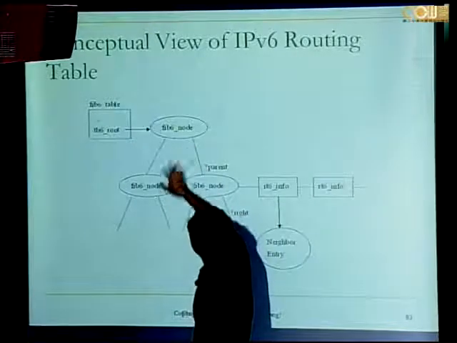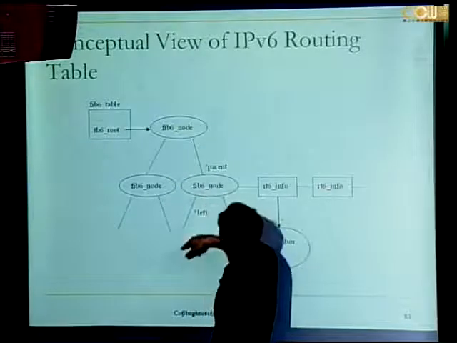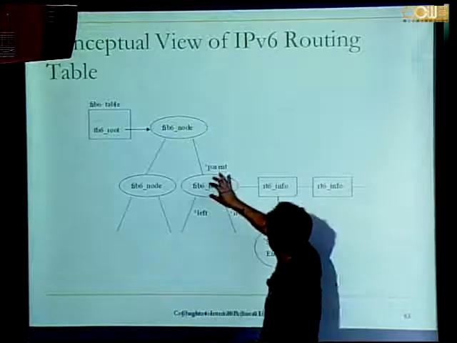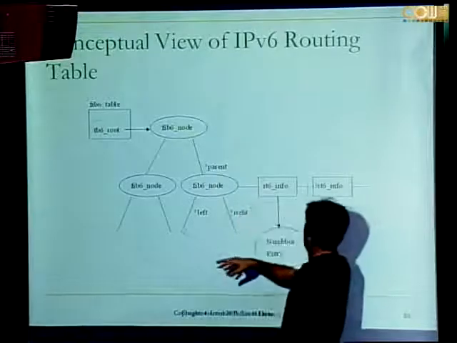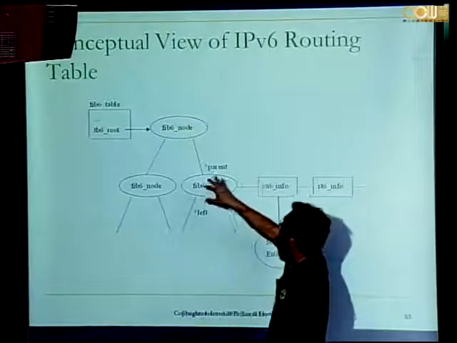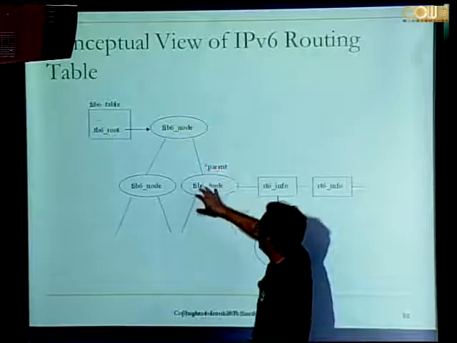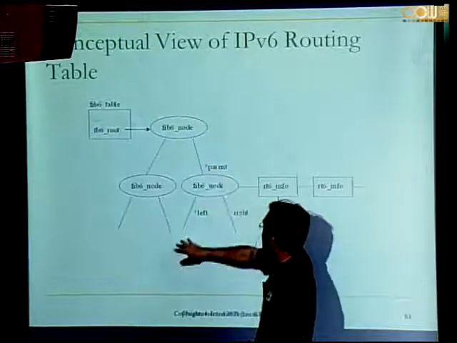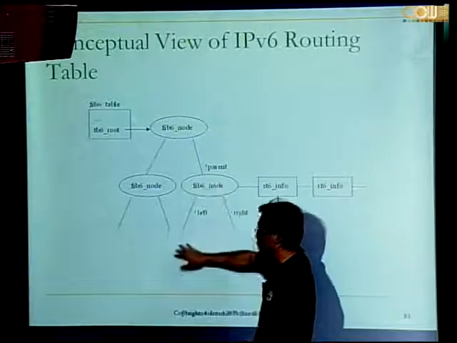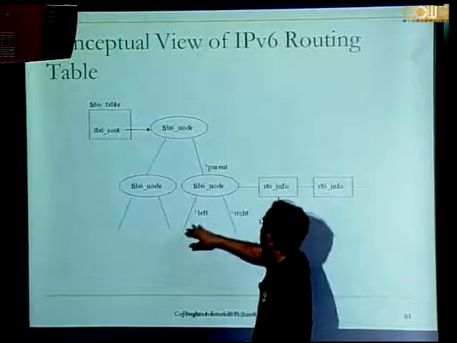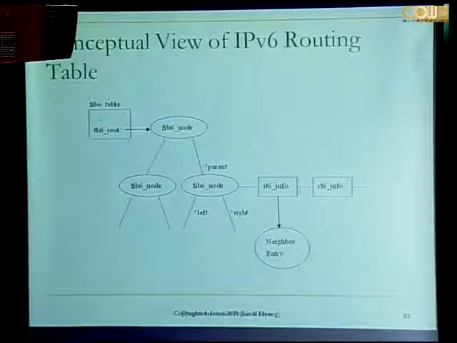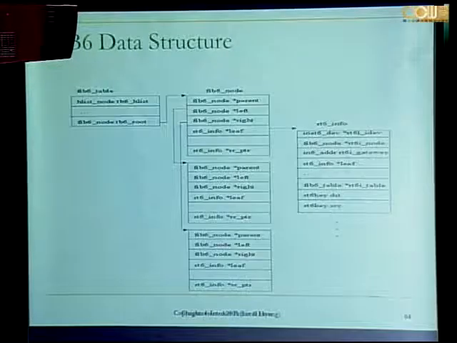The tree has a left child and a right child. When you do the routing table lookup, you do matching here to decide whether you should traverse to the left child or the right child.